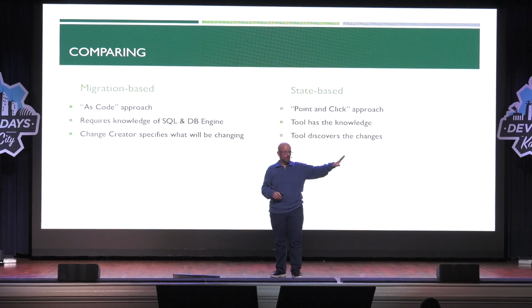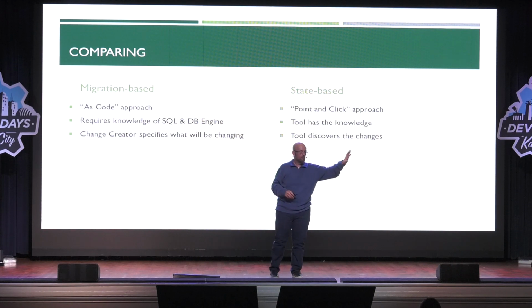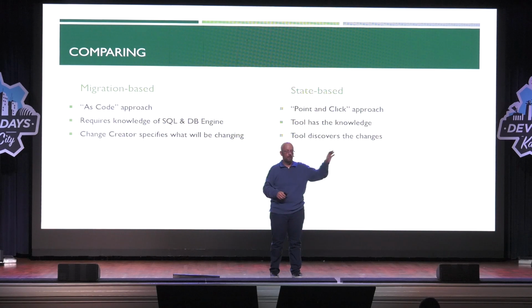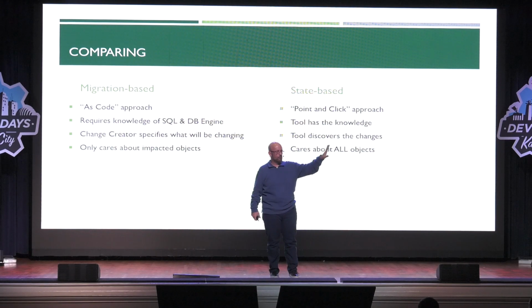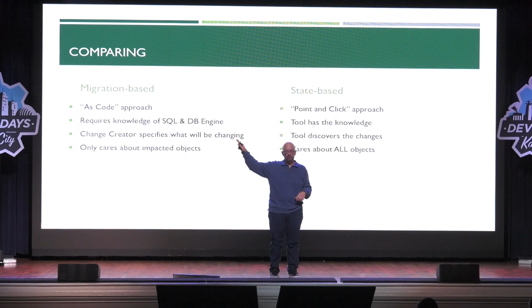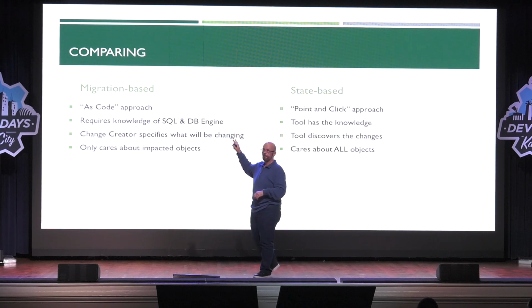Migration-based, again, it's the individual. They specify specifically what will be changing. State-based, the tool discovers what should be changing. Migration-based only cares about the targeted objects. State-based, by its nature, if you think about it, cares about all the objects all the time.